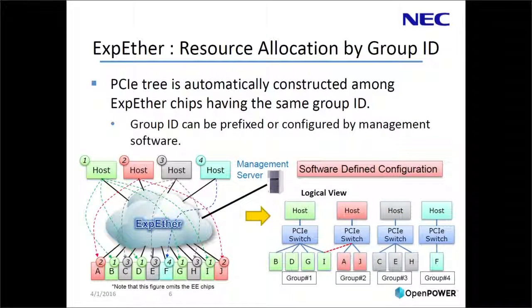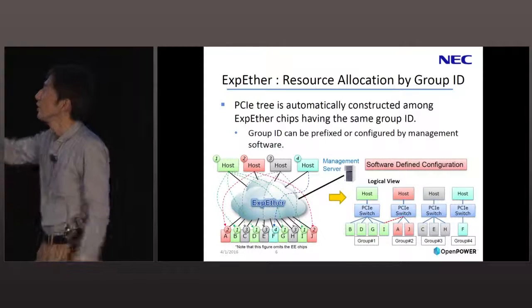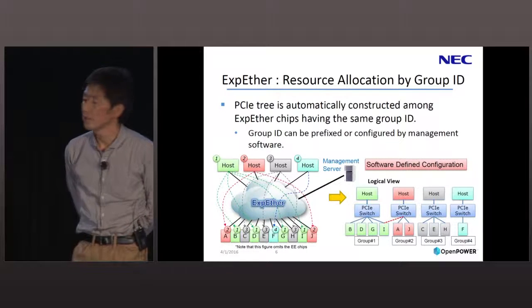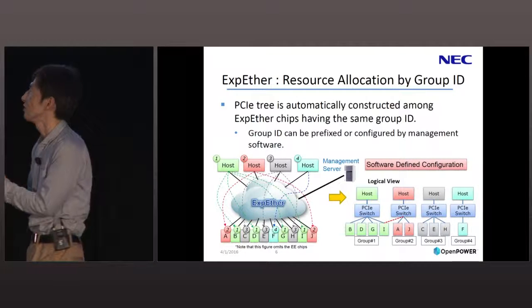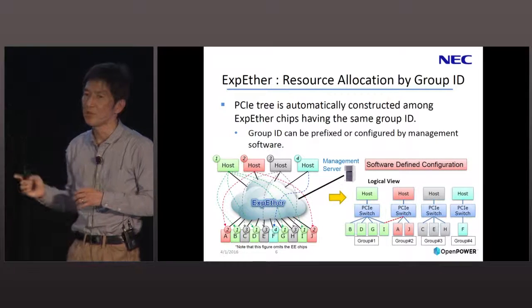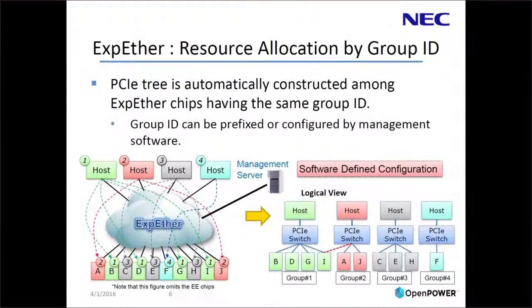The third key feature is the software-based device attachment control of the ExpEther management software. By using ExpEther, we can connect a lot of hosts and devices into a single network. After that, a PCI Express tree is automatically constructed among the ExpEther chips having the same group ID number. For example, this green host and green devices have the group ID number 1 in common.